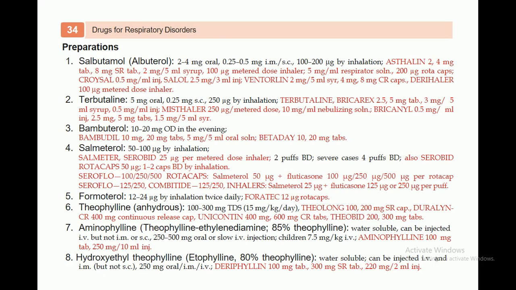Another one is formoterol. Formoterol is also available in 12 to 24 microgram by inhalation twice daily, like Foracort 12 microgram Rotacaps.